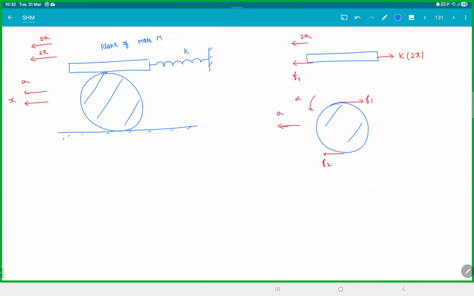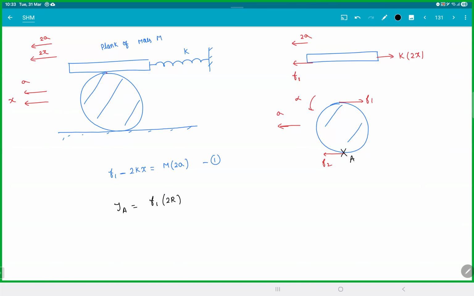Great. So let's write down the equation. For the plank, it is F1 minus 2kx is equal to mass into 2a. That is equation 1. Since it is not slipping on the floor, I'll take torque about A, so at least I can eliminate F2. So torque about A, F2's torque is gone. This will be F1 into 2R. Now be careful here.